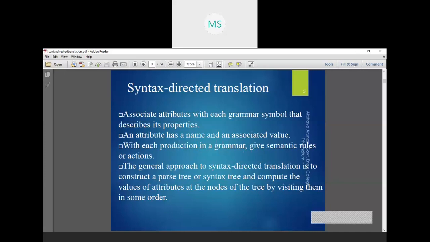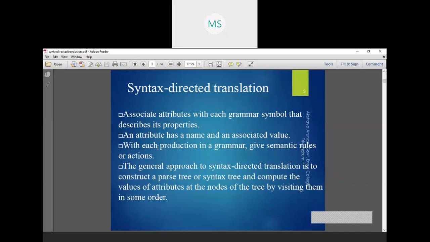Each production in the grammar gives semantic rules or actions. That means you have a production, and for the production you can write the semantic rules, or you can write the action anywhere in the production. These are the two things that can be done. If you write only the rules for your production, it is called a syntax directed definition.